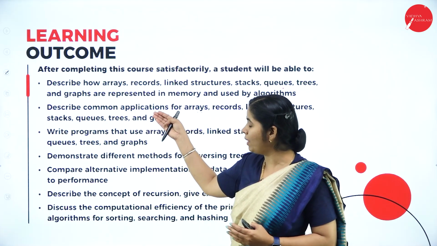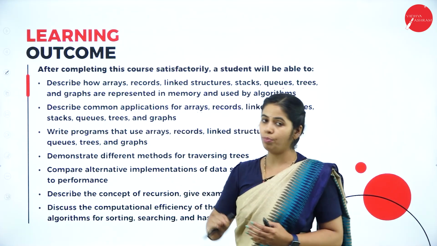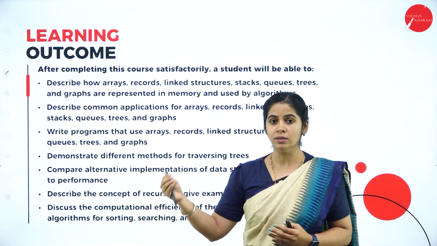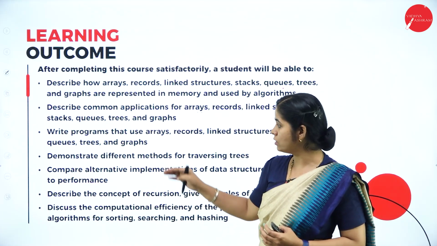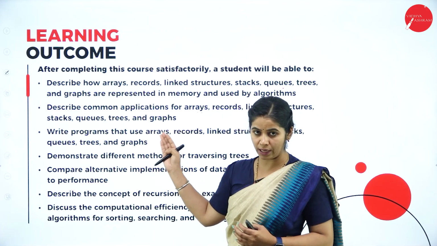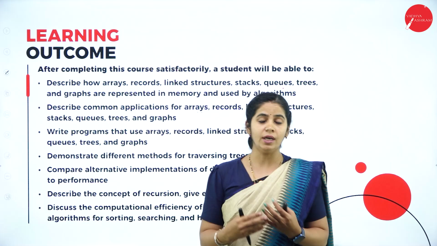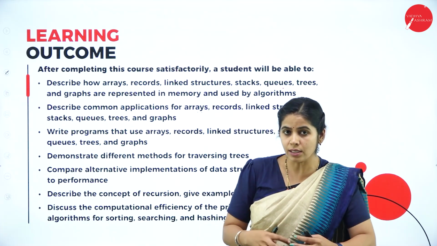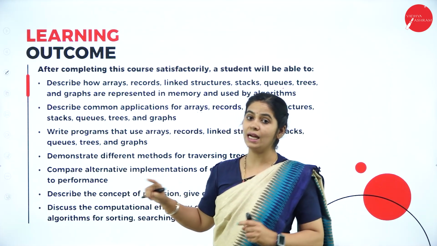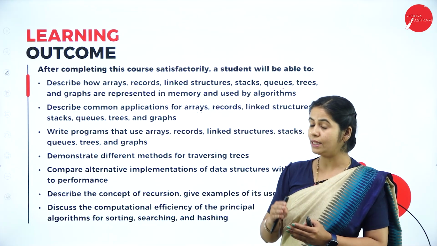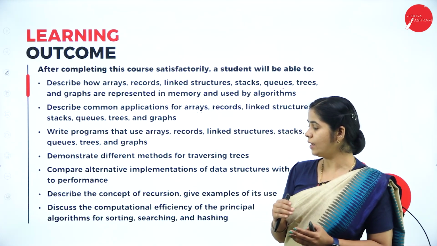When we have to apply it somewhere, you have to write the program, right? Once you write the program, you are applying it to the particular application. So writing programs using array, linked list, stack, queues and trees. After this, you are going to demonstrate the difference between traversing, comparing the alternate implementation of data structure.